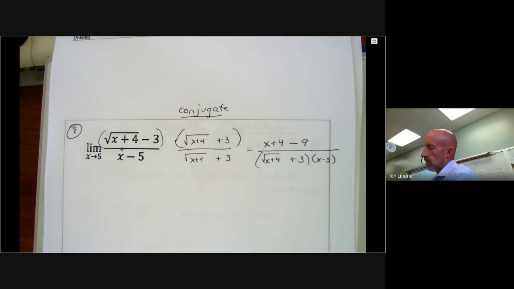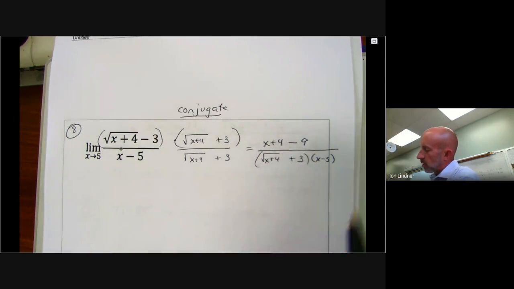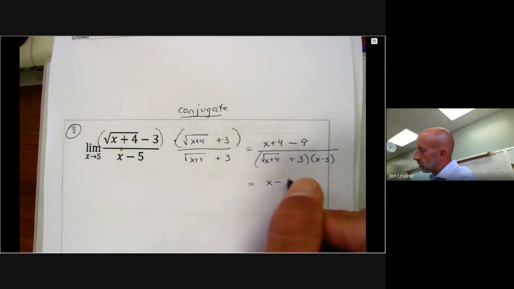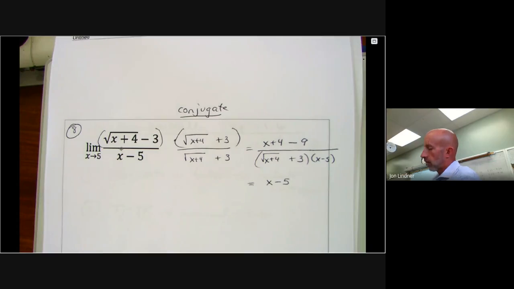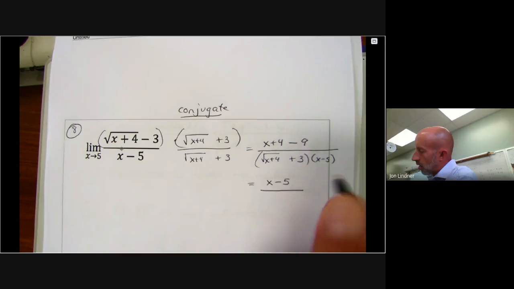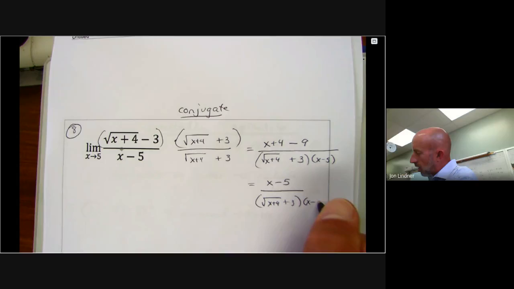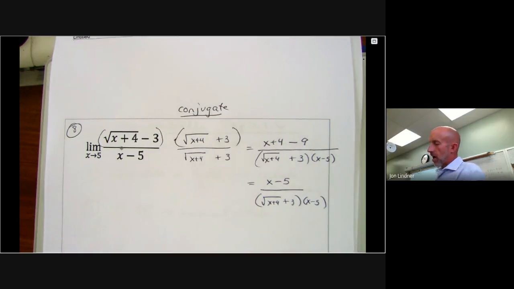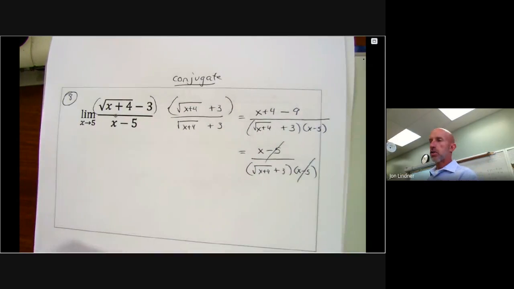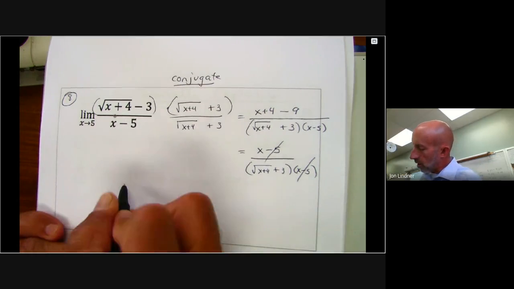All right. And look how conveniently this thing works out. Isn't the top x minus 5? How convenient. The bottom is that ugly conjugate, the square root of x plus 4 plus 3 times x minus 5. And now we can slash the x minus 5s, and we can evaluate our limit.